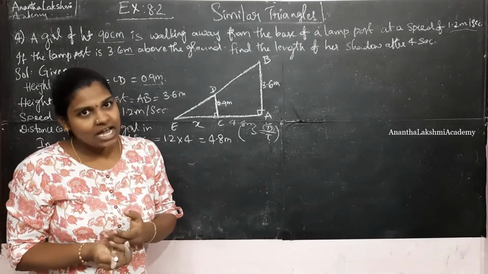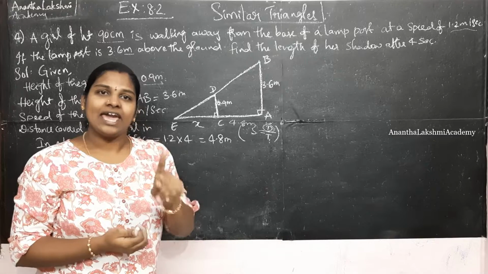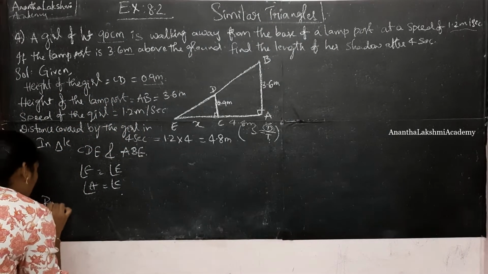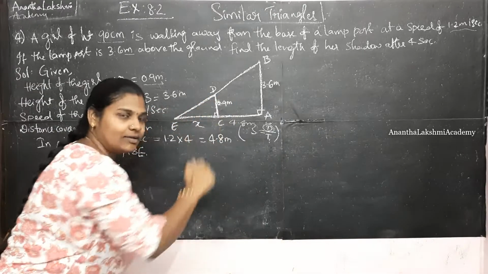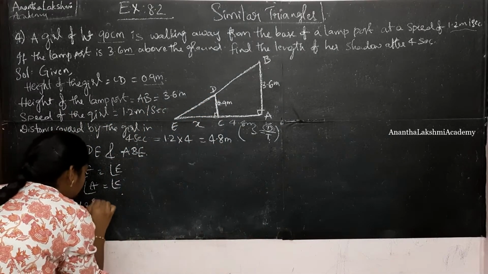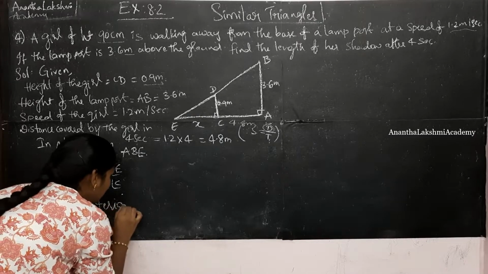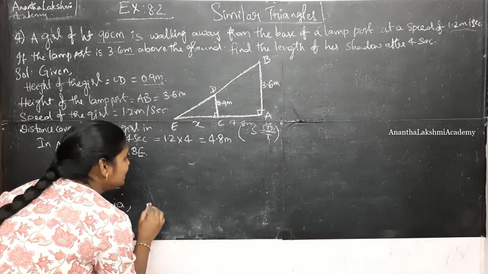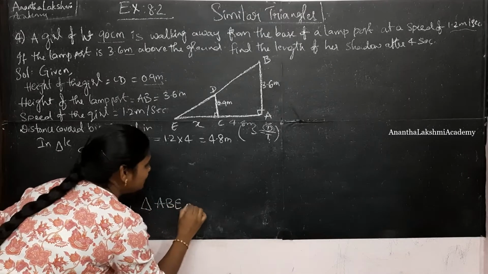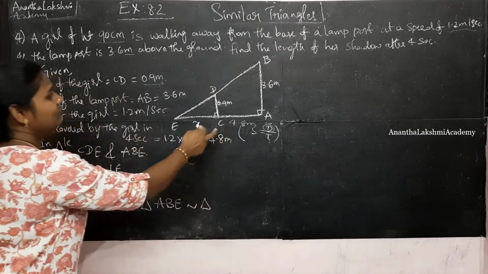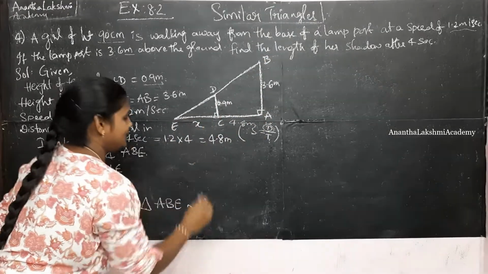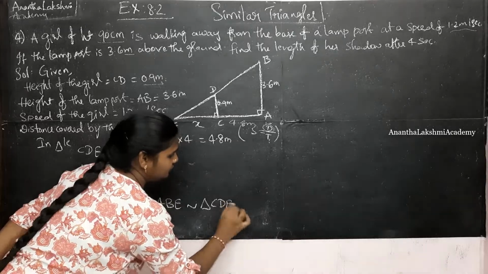So what criteria are we going to use? AAA, the angle criteria. When 3 angles in 2 triangles are equal, by AA criteria, can I say that triangle ABE is similar to triangle CDE?